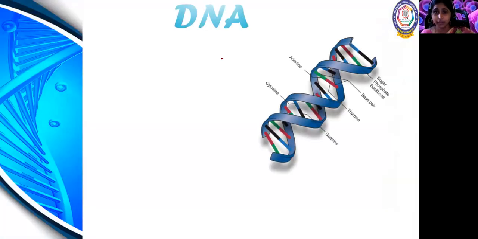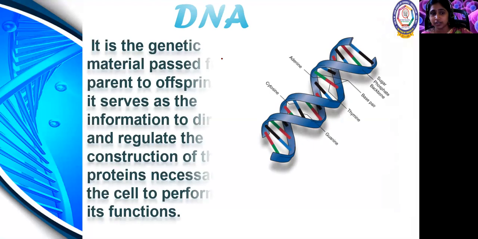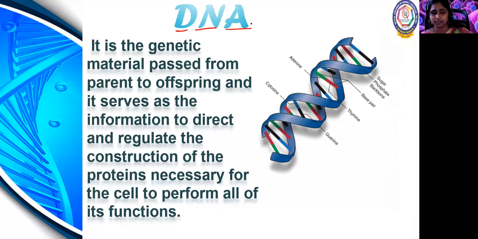So now we are going into the chromosome. Inside the chromosome, the double helical structure. What do you call it? DNA, as deoxyribonucleic acid. Ribonucleic acid.